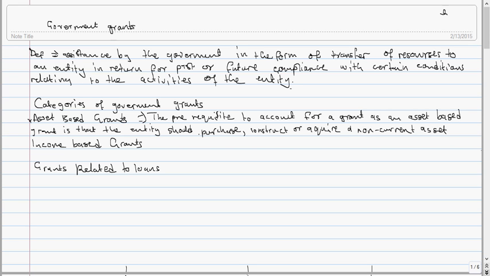So as long as the company does not acquire a non-current asset, a grant will not qualify as an asset-based grant. The entity should use the grant to acquire or construct or purchase a non-current asset, and that is the prerequisite for a grant to rank as an asset-based grant.